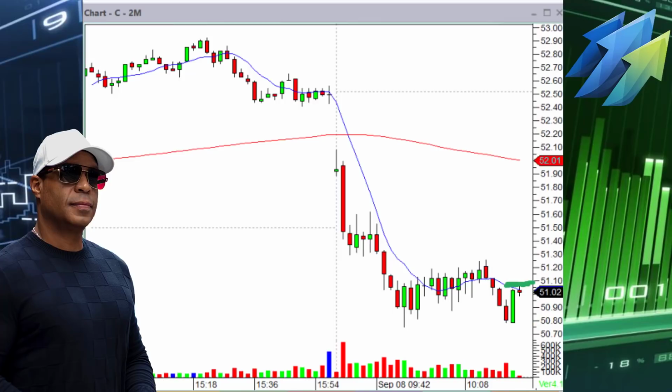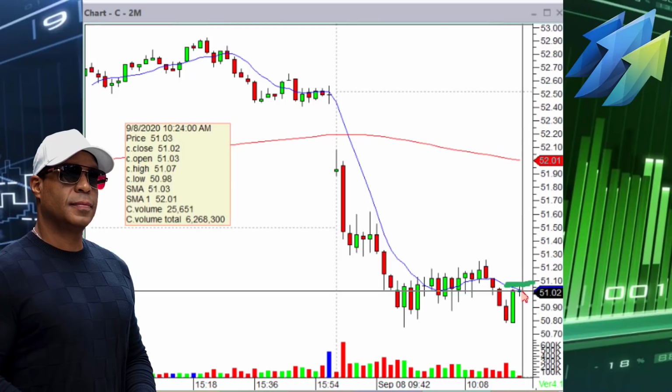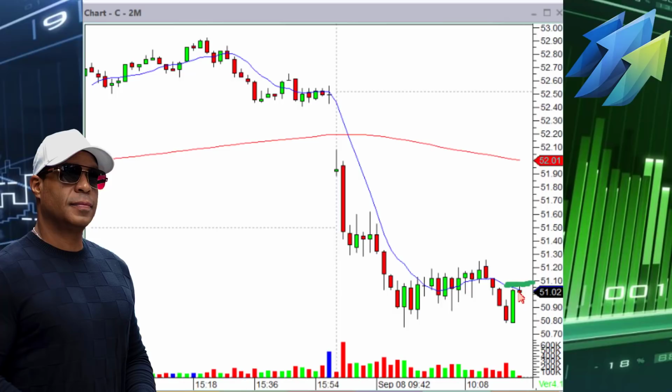Don't be trying to get fancy and anticipate what you think is going to be a pause, because if you play this too soon, this could turn out like that, right? You have to have a completed pause bar. The bar must finish as a pause bar, and then you buy above the finished pause bar.